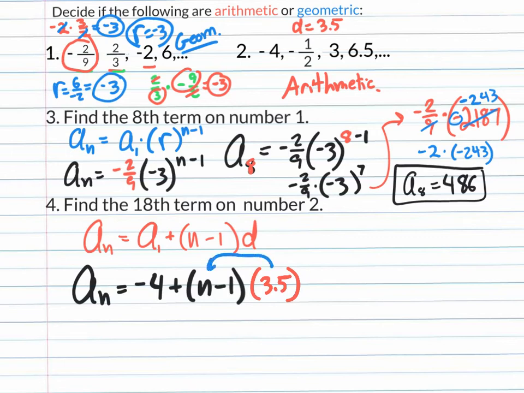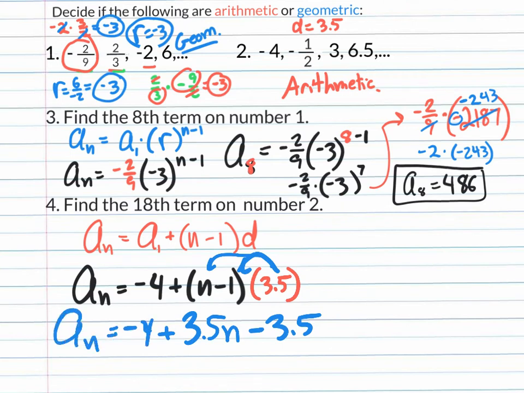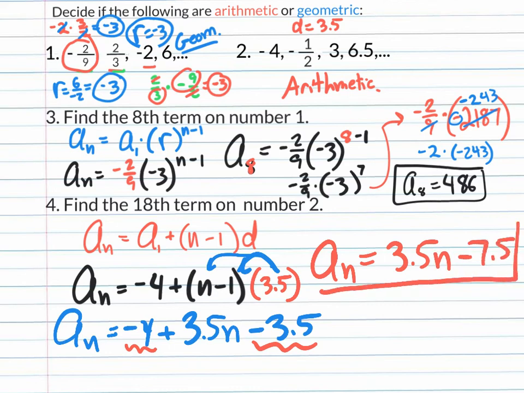Let's simplify it. 3.5 times n is 3.5n. 3.5 times -1 is -3.5. We do have a plus -4, and we do have the equals a sub n. So the a sub nth rule will be, when we combine -4 with -3.5, that'll be a -7.5. So our actual a sub nth rule is 3.5n minus 7.5. That's your a sub nth rule for the arithmetic sequence up here on number 2.